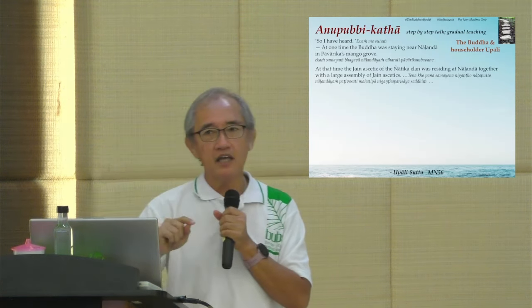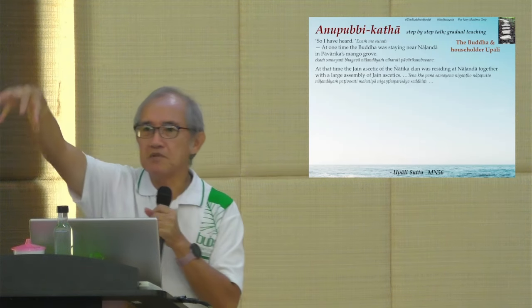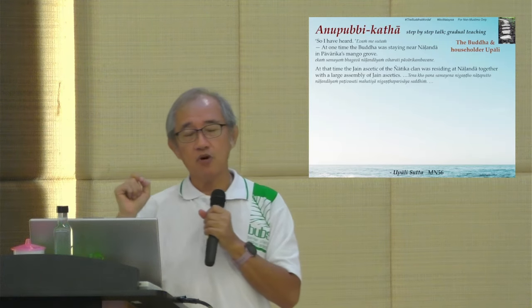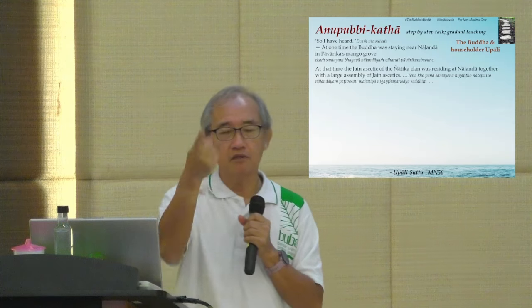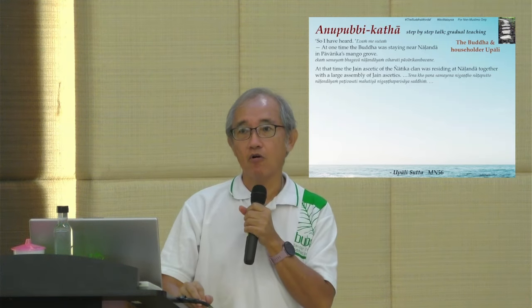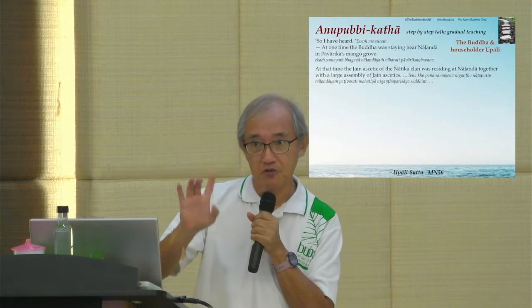He was a millionaire, and townspeople were basically working in this business, that business, and all that. And he was not a Buddhist. He was a great supporter of another religious teacher called Niganta Nataputta, or also known as Mahavira, the great hero. Vira means hero.